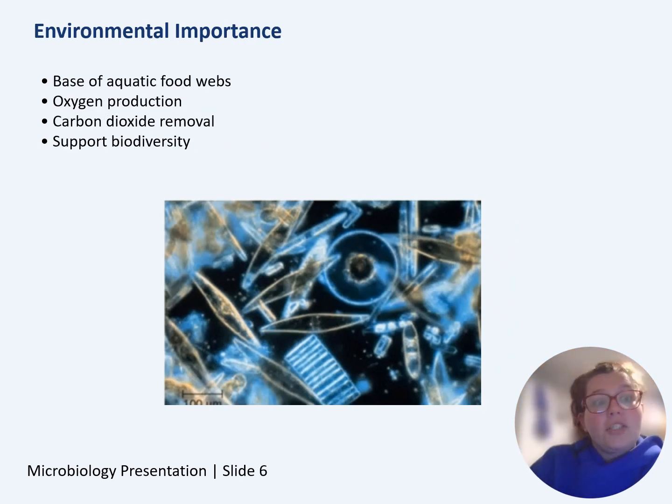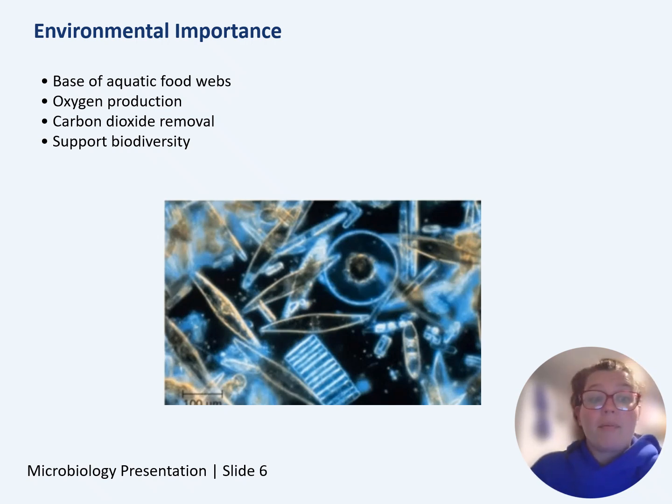They play a critical role in maintaining a healthy ecosystem. As a primary producer, they convert sunlight into energy, which supports the aquatic food web. Small organisms such as zooplankton feed on diatoms, and larger organisms consume those animals, creating this interconnected food chain.